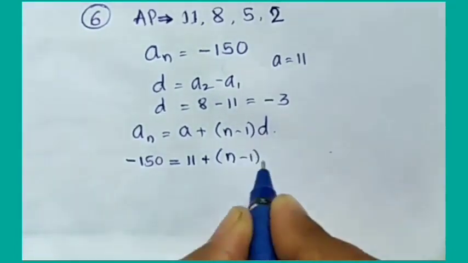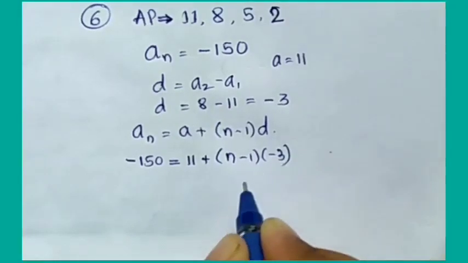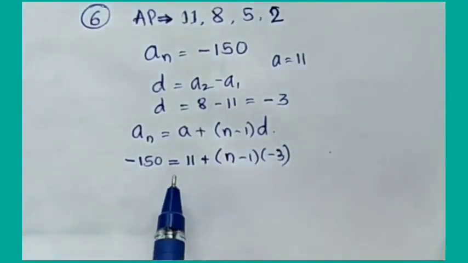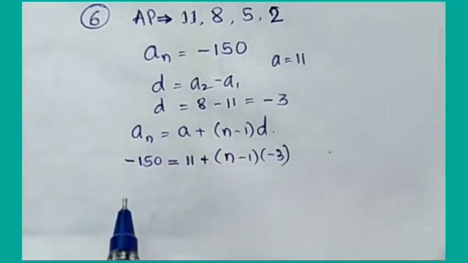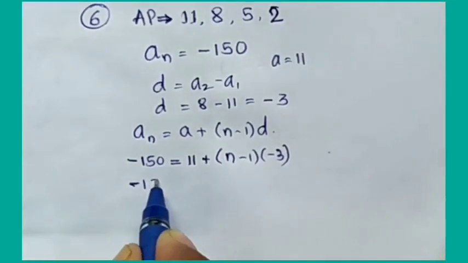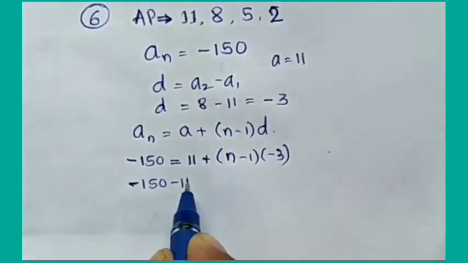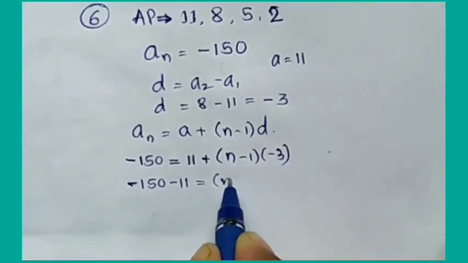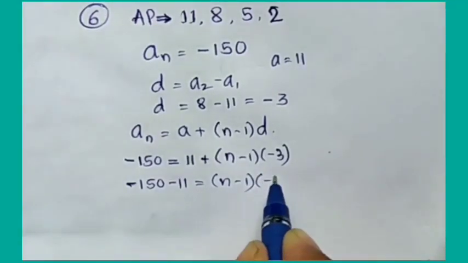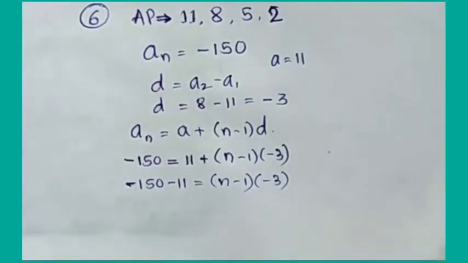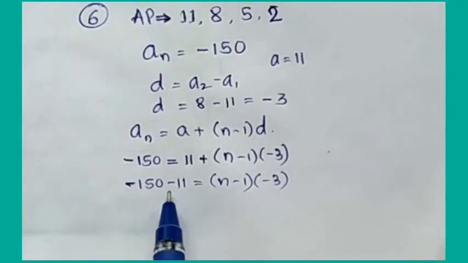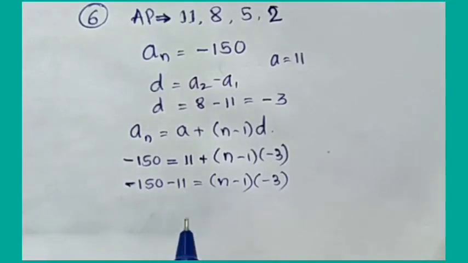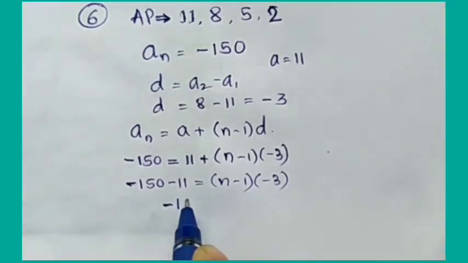We know D, that is minus 3. If I take 11 to this side, it becomes minus 150 minus 11. What is left here is n minus 1 into minus 3. So minus 150 minus 11 becomes minus 161.